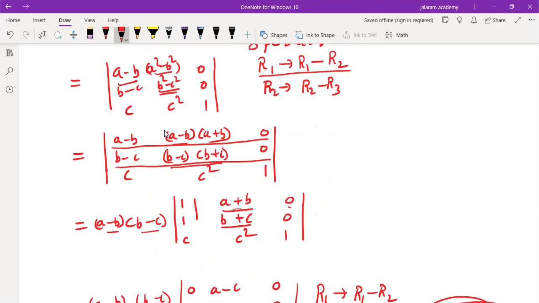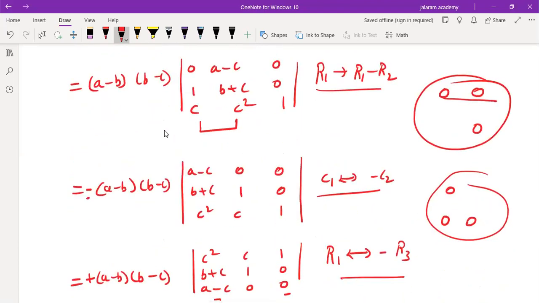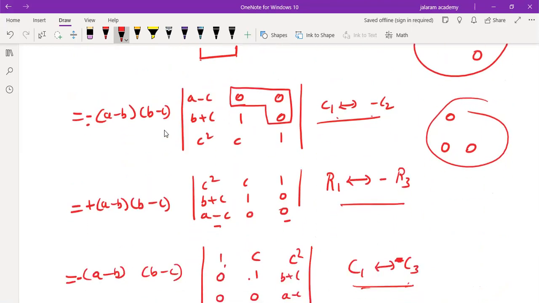Now if we again perform R1 as R1 minus R2, it is again giving 1 0. And we can bring them in this shape. If we interchange C1 and C2, these 3 zeros will be there, which is very important to bring, to solve the determinant without expansion.